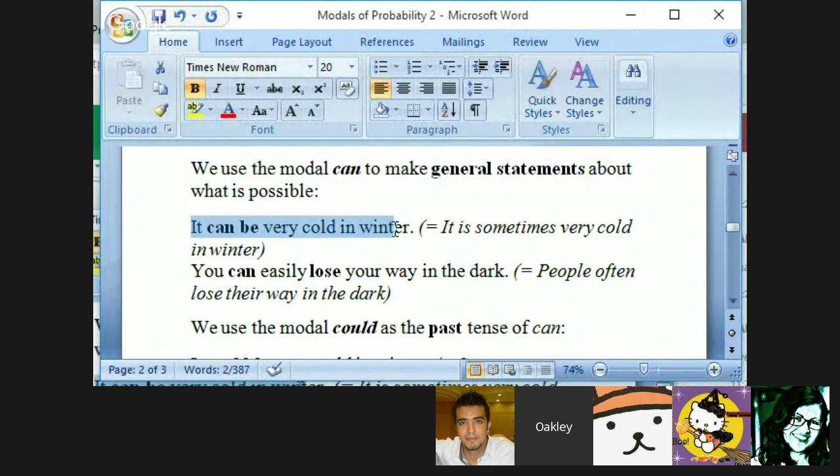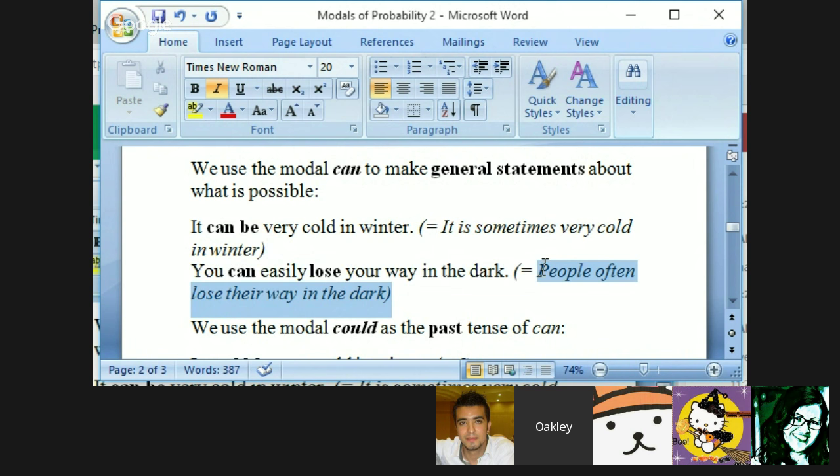It can be very cold in winter. Okay. I know that this is a possibility. This is a very general statement. I've lived here a while. I know that it sometimes can be very cold in the winter. Okay. Generally speaking, you can easily lose your way in the dark. People often do.